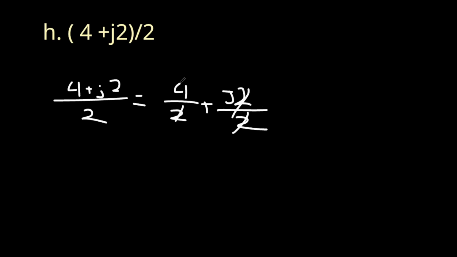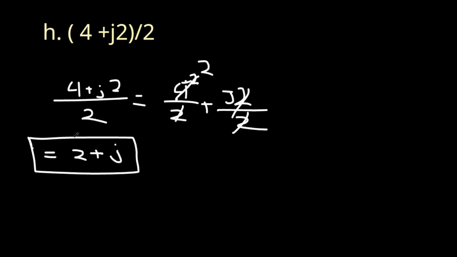Divide this by 2, right? Or divide this by 2, sorry. And this should give you 2, right? So what we have is 2 plus j. And 2 plus j is our answer. So 2 plus j is the correct answer for h.